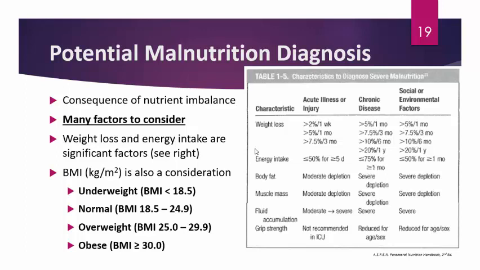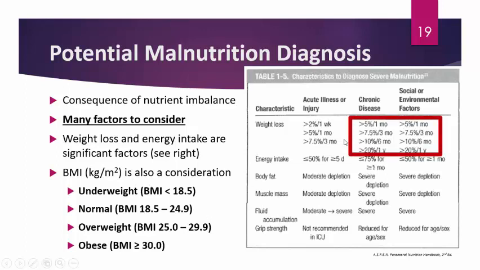So in terms of a potential malnutrition diagnosis, remember that malnutrition is a consequence of nutrient imbalance, and that can be macronutrient or micronutrient. And remember, we always have many factors to consider. It's not just one factor. But weight loss and energy intake are significant factors.